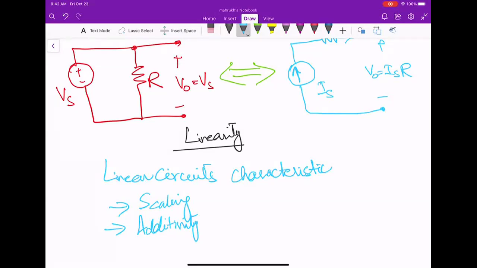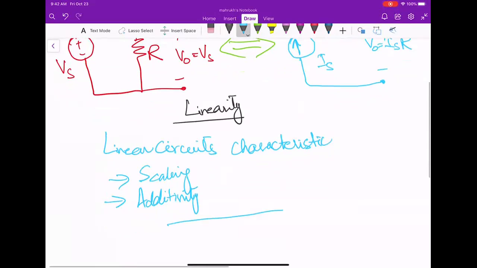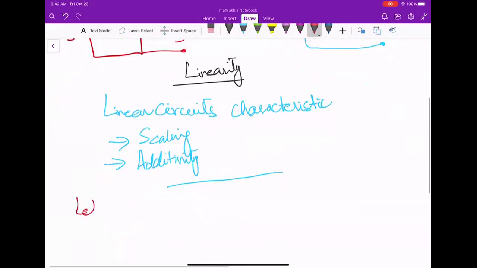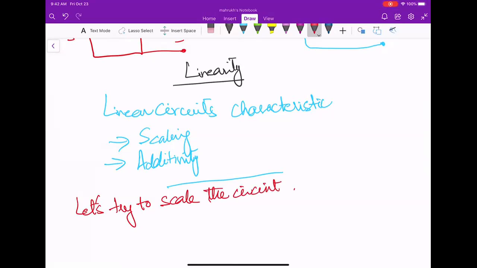So we will see how this works for our case. Okay. So first of all, let's try to scale the circuit.